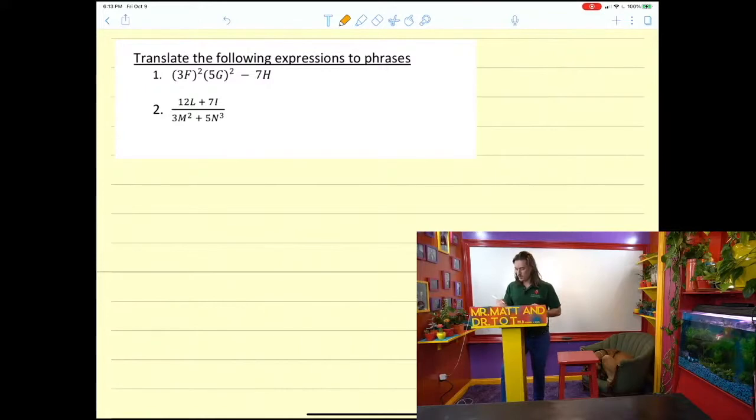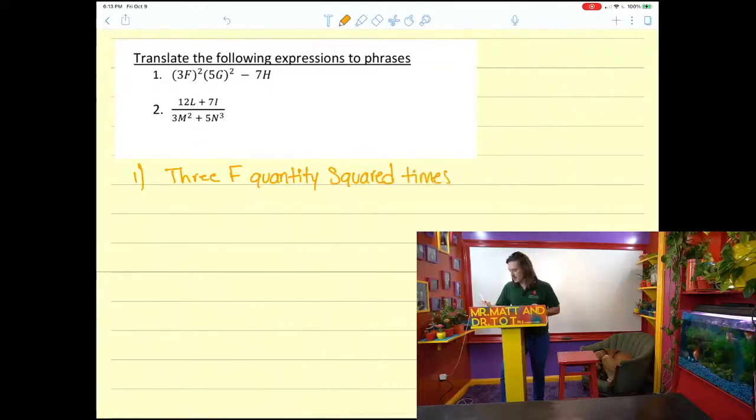So for number one, one way that we could write this is we could say 3f quantity squared times 5g quantity squared minus 7h.